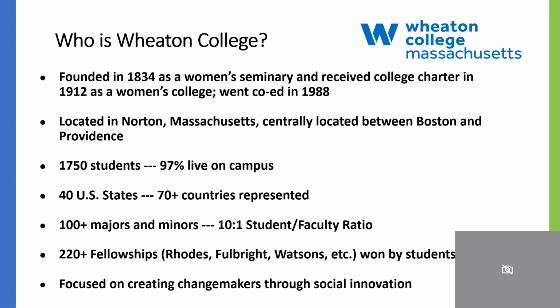We have a very diverse student body, a wide breadth of majors and minors, with a very personal and connected faculty that is engaging our students, who are mostly living on campus, at a fairly residential, undergraduate-focused institution.